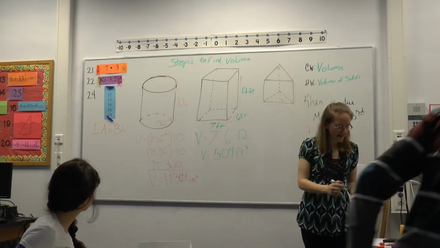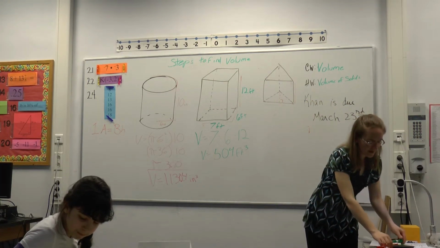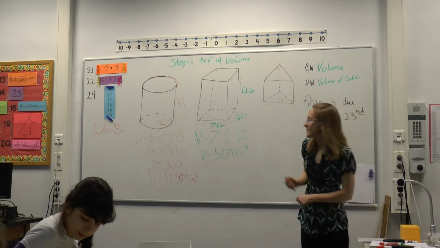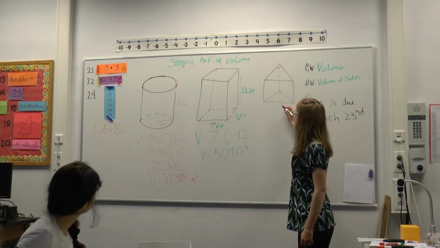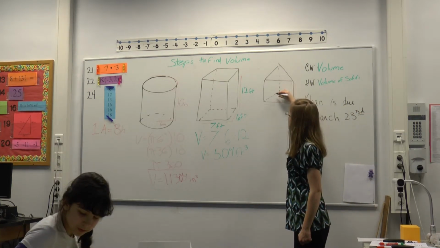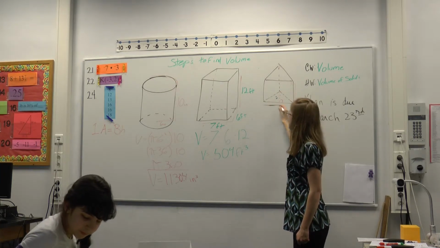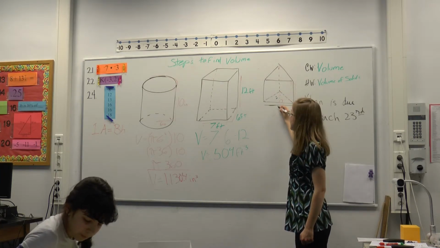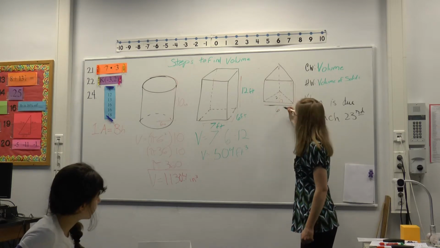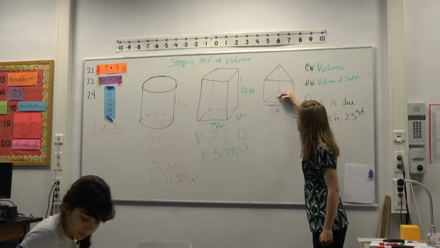All right, and the last one. I'll say that the height of this triangle is 2. The base here is going to be 6. How about yards?